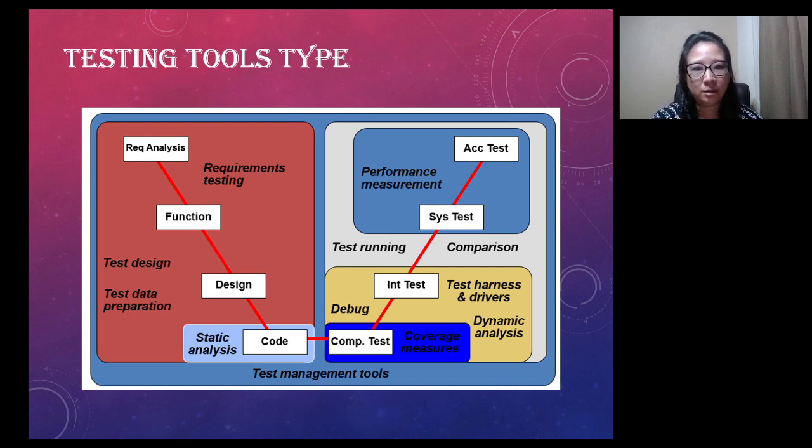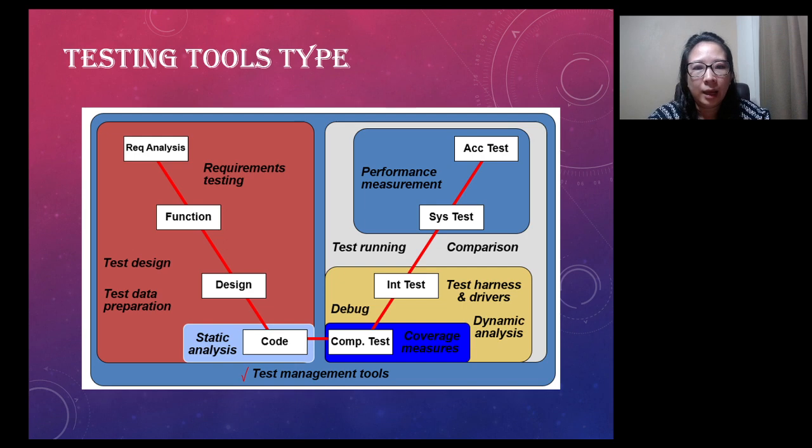So I'll just review again that we have several testing tool types. In the beginning we have what we call task management tools, where we can manage and input the testing scenario, input the date, know whether the testing is already done or not, and prioritize which testing should go first and so on.